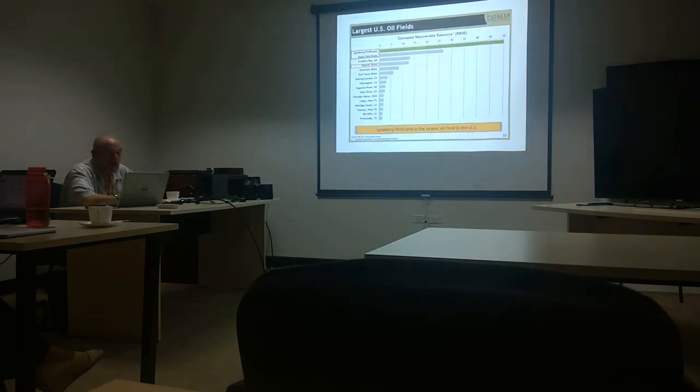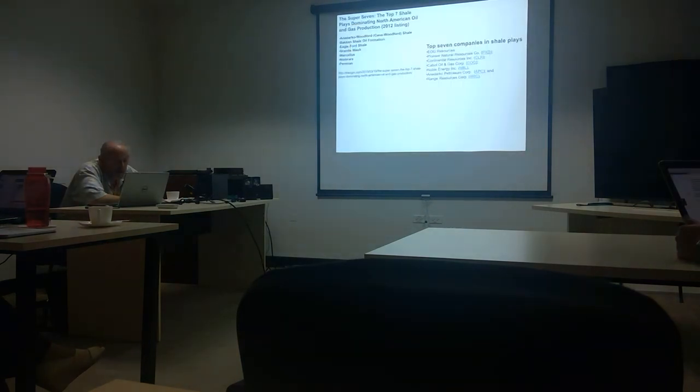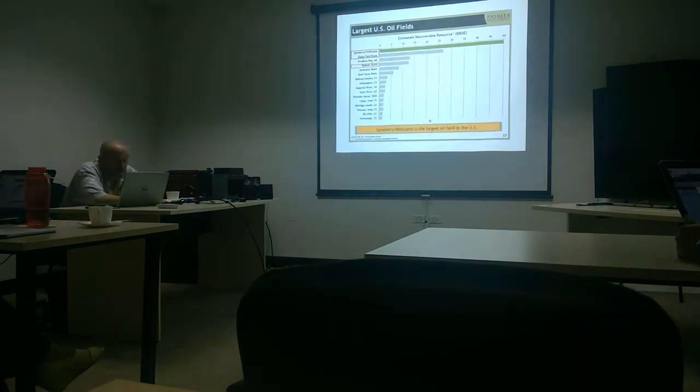But basically, today, this is a plot of the U.S. oil fields, the estimated recoverable resource. And the top one is what I called in a previous slide the Permian, this one right there. And it is tremendous, huge.